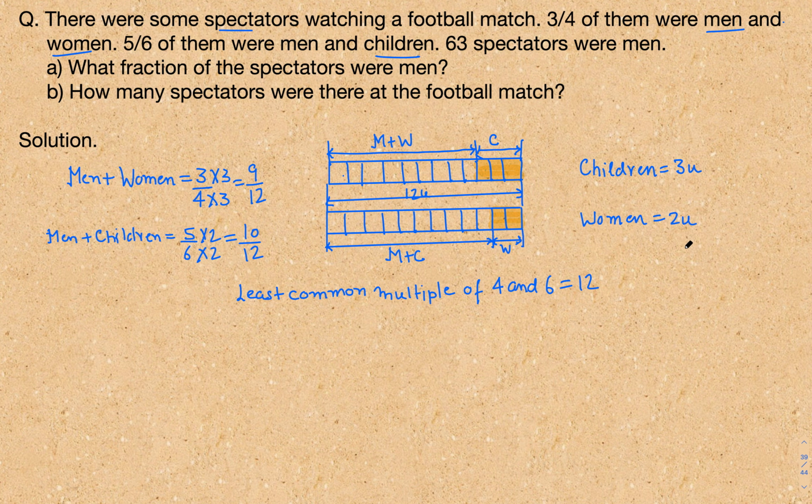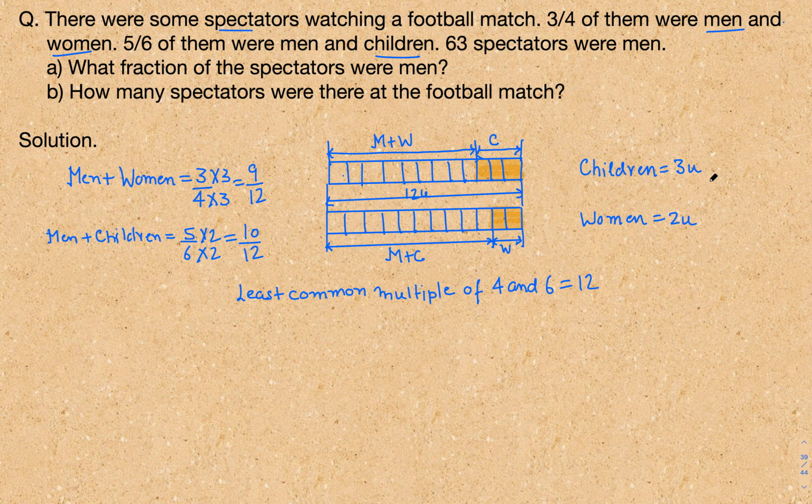Okay, now we also have to find the total units of men, right? Directly we cannot find it, because men is always either combined with women or combined with children. But since now we know the units of children and the units of women, we can find the number of units of men. How?